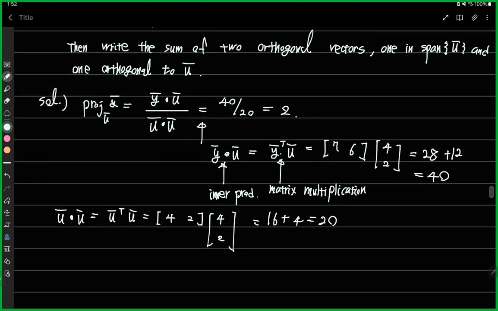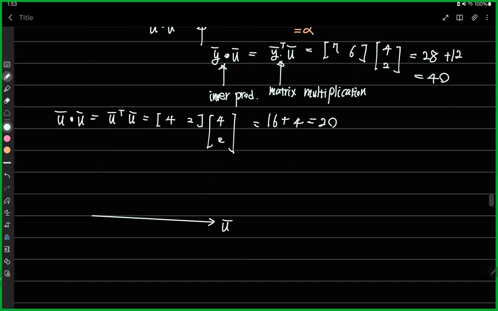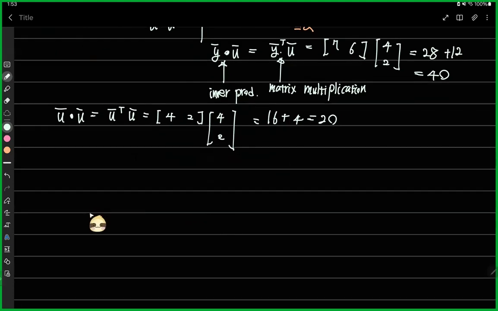We got the orthogonal projection onto vector u, which is 2 times vector u. Here's vector u, and here is 2 times vector u. Two is alpha. And vector y is right here.